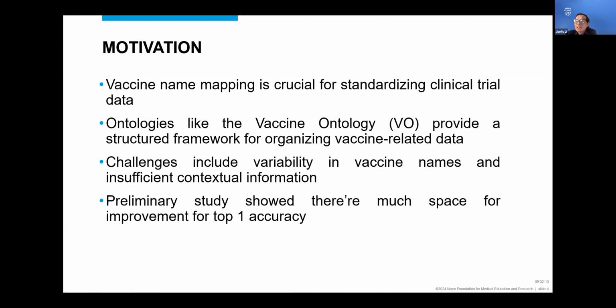In clinical trials, the vaccine names may be inconsistent, and the same vaccine name may have various formats. Also, there is insufficient contextual information. We have done some preliminary work, and those preliminary studies show that there is much room for improvement in the top one accuracy.